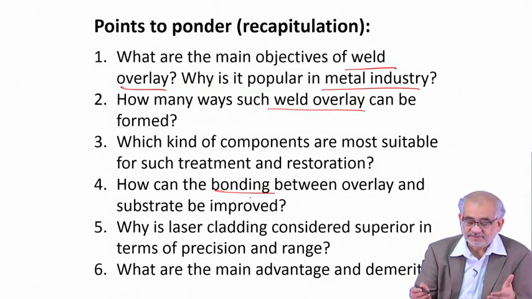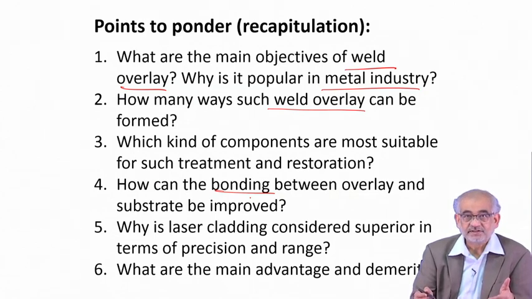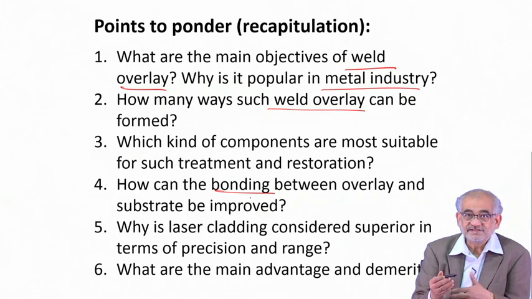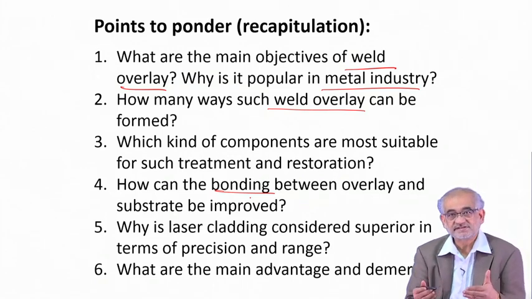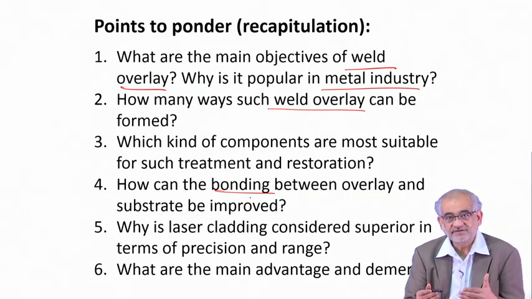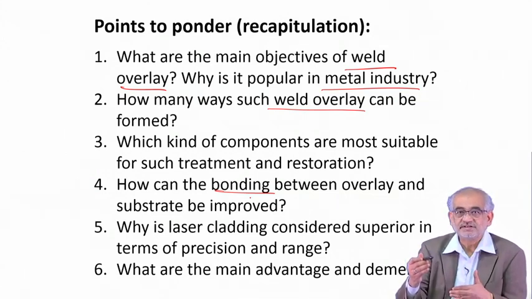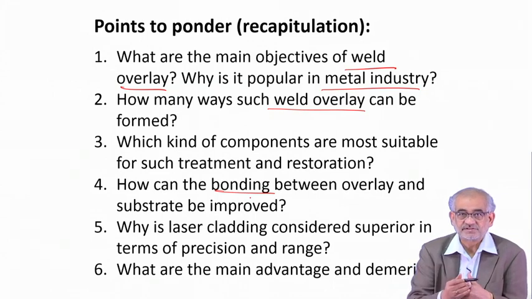We can improve the bonding further when we try to make a graded coating, graded overlay. That means if you see that A and B are likely to form certain intermetallic phases or brittle phases, then you may create a situation whereby the overlay starts very dilute and eventually at the top can be fairly concentrated.